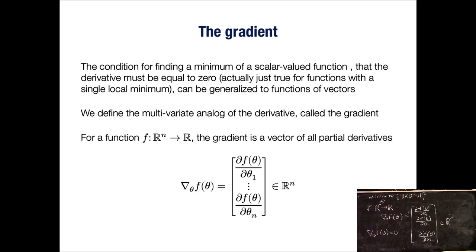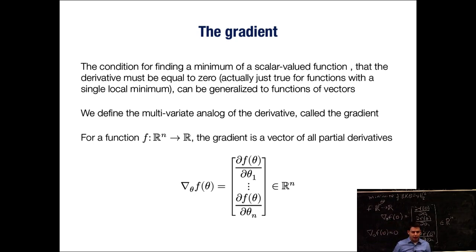And in fact, we actually used this already. When I derived the equations, the derivatives with respect to theta 1 and theta 2 for our least squares problem, that was exactly a function with n equals 2 here, right? I derived the two derivatives and set them both equal to 0.